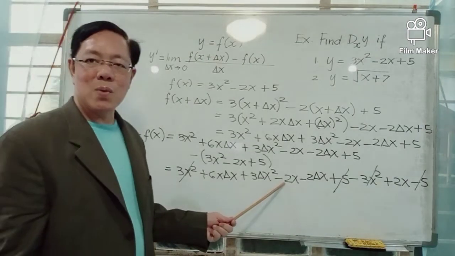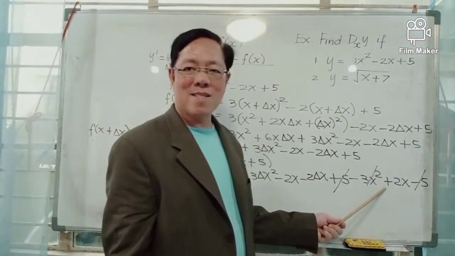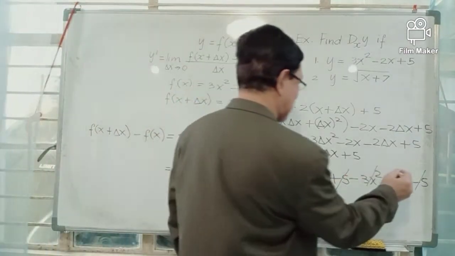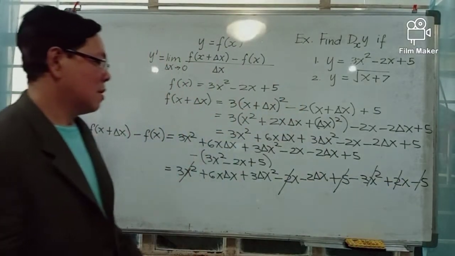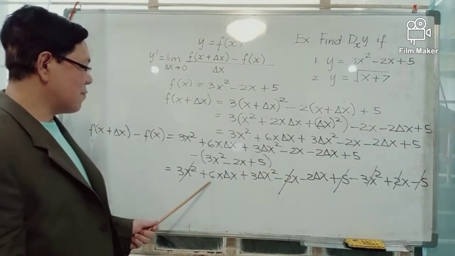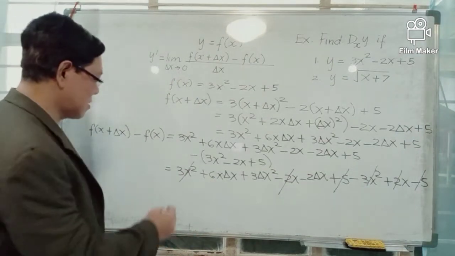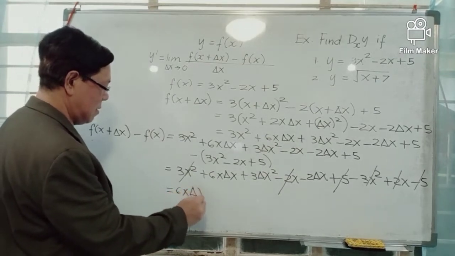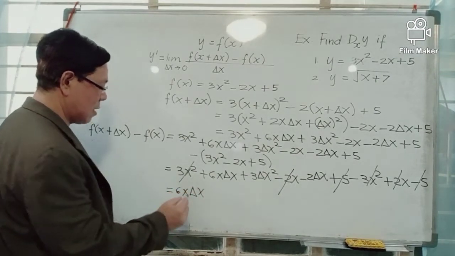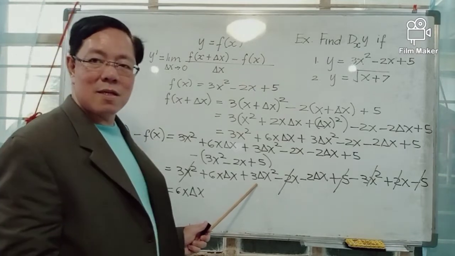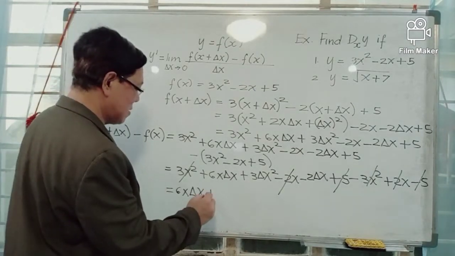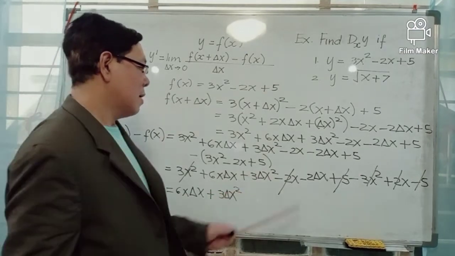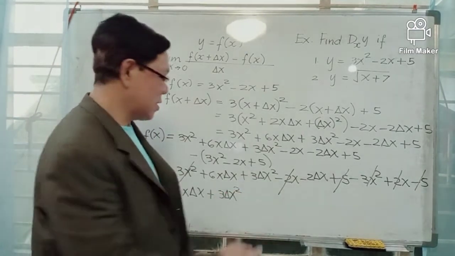We have negative 2x and positive 2x will add up to 0. Hence we are left with 6x delta x plus 3 delta x squared and minus 2 delta x.